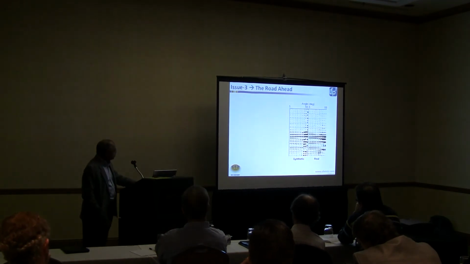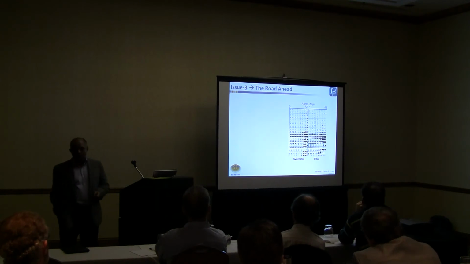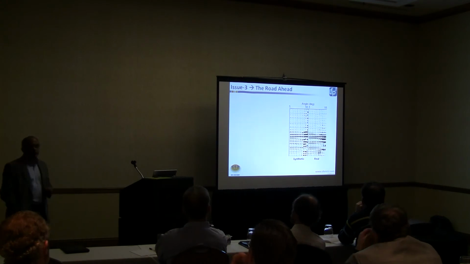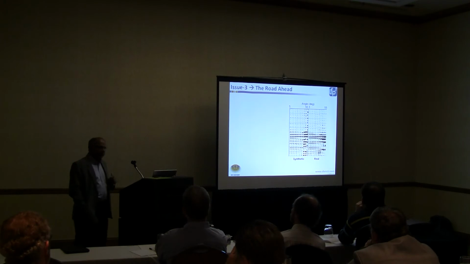When we are talking about this synthetic and real data matching, you see, we converted the offsets to angles. How the offset to angle transformation is done right now is my third issue: the optimal offset to angle transforms.